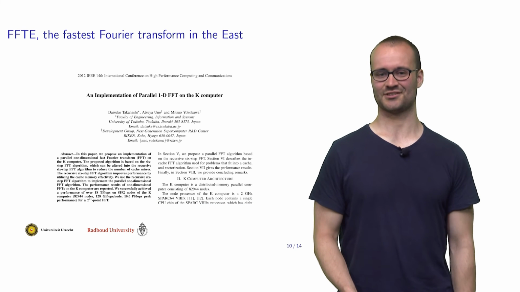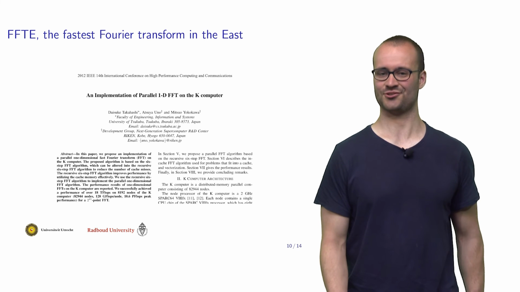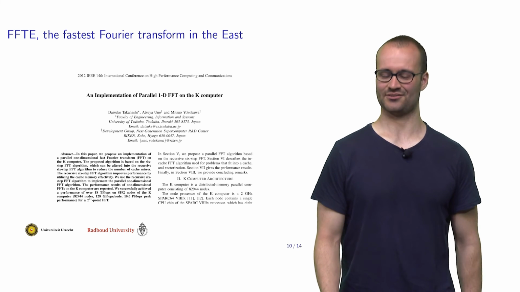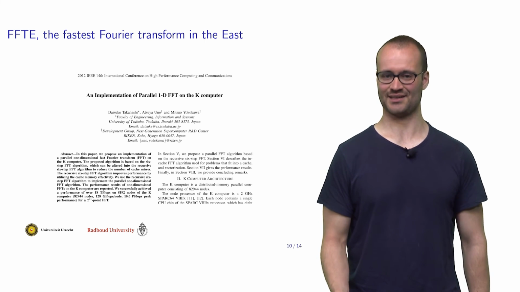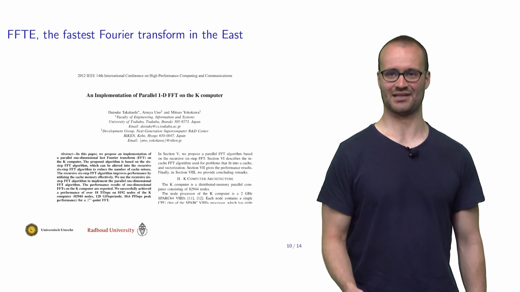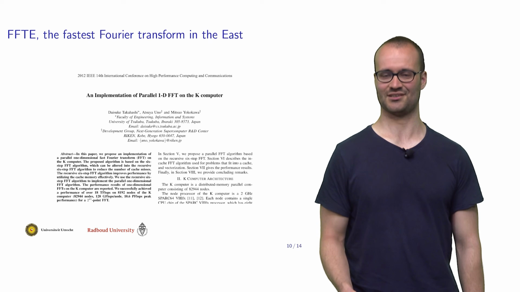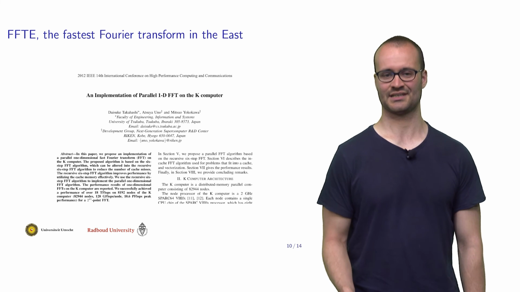The Fastest Fourier Transform in the East is an implementation for the K computer, which uses recursion in order to get a cache-friendly algorithm. It splits up a Fourier transform into smaller and smaller pieces, and eventually they will fit into fast cache memory.